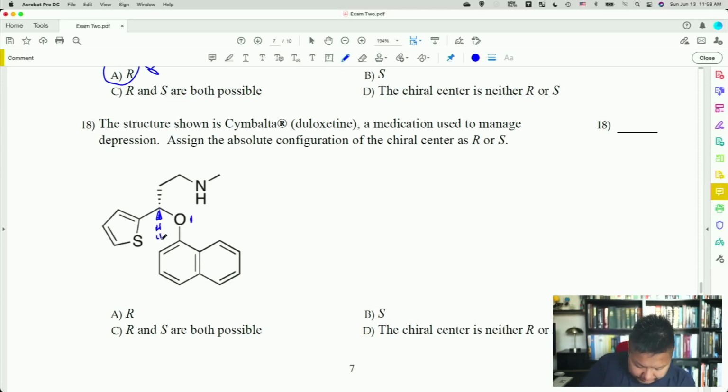So now it's between this carbon and this carbon. So we know then that this carbon here is connected to a sulfur and a carbon. And then this one over here is connected to 2 hydrogens.